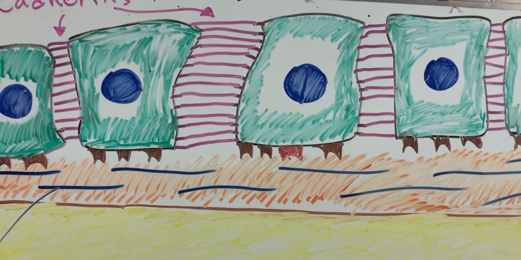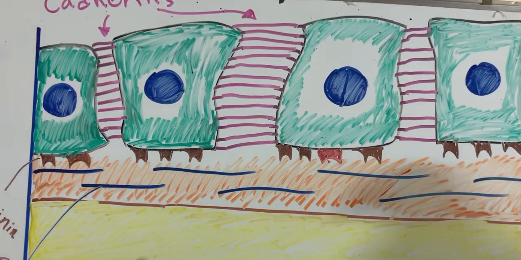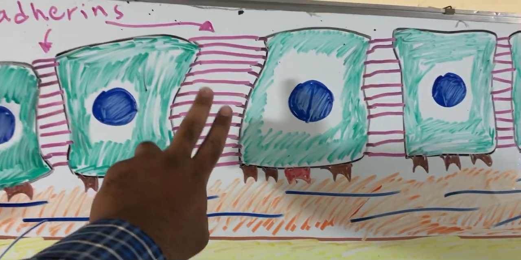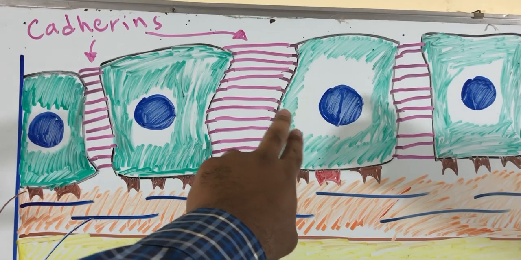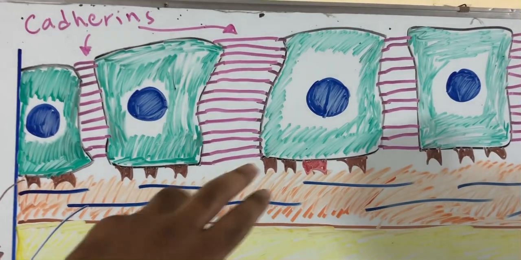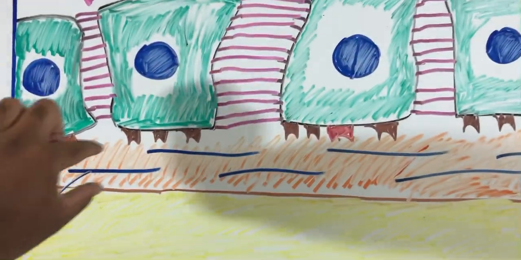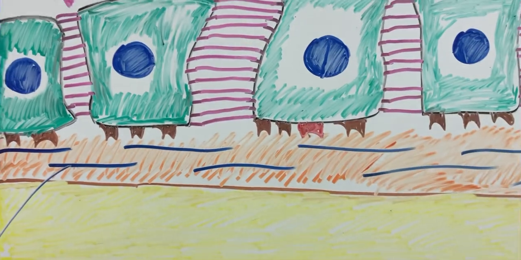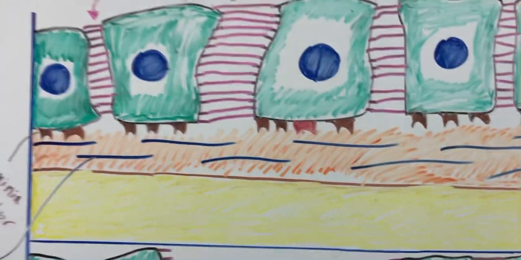They are called cadherins, extracellular proteins that are connected to intracellular proteins known as beta-catenins, but that is not our part for now. So these are the cells. The orange part is our basement membrane, and the yellow part is the connective tissue.